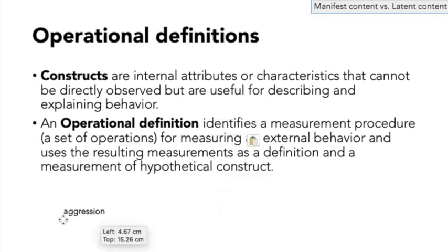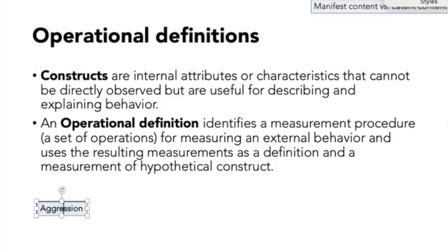Now I have a variable, aggression. Now the million dollar question is how exactly I am going to measure this particular variable. Now, if it is weight, yes, we can ask the person to step on a weighing scale and we can measure weight. If it is age, we can actually measure that very easily. But how exactly are we going to measure aggression?